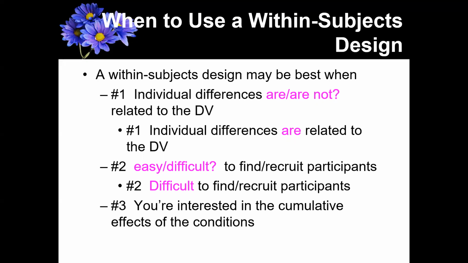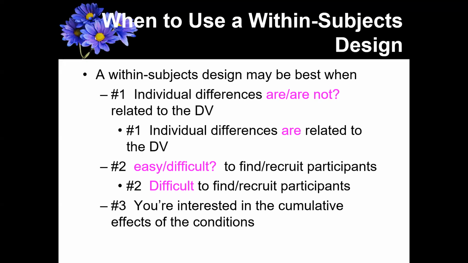The last one might be if you're interested in cumulative effects of the conditions. There might be rare cases where you're interested in how things will add up over time. If people do one condition, then another, and you really are interested in the order, kind of how it all comes together, that might be another reason to do a within subjects design.